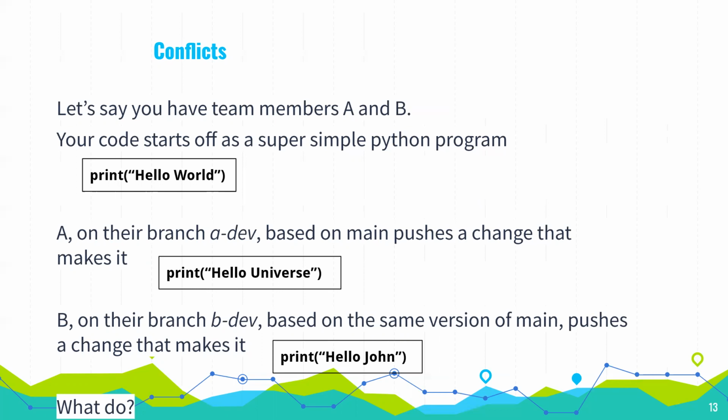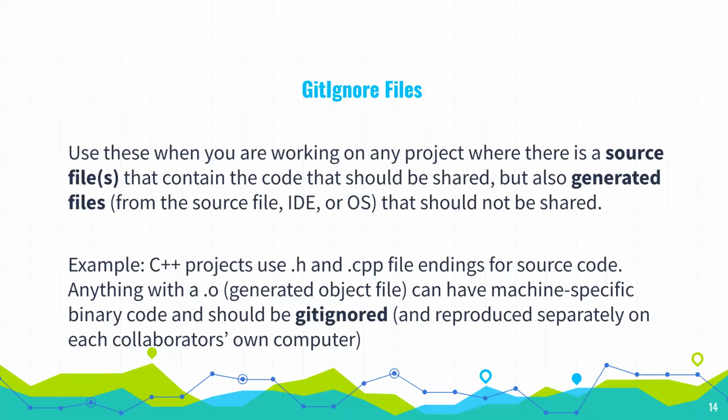What do you do? Let's say A made it hello universe, now it's updated. B wants to merge that change. That's when a conflict arises. The same line of text was changed.